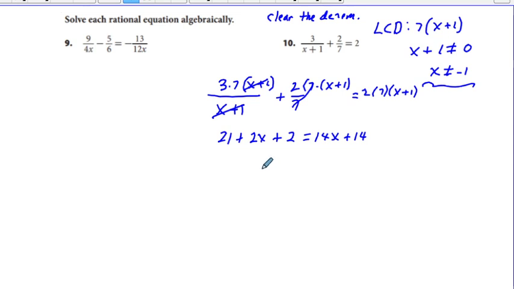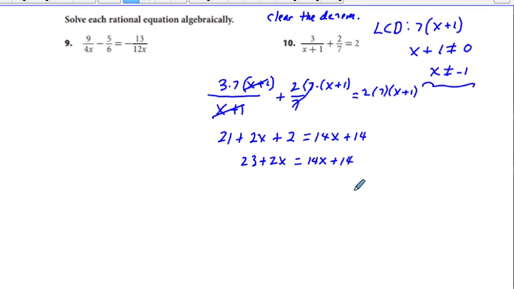So what do we have left here? Well, on the left side we have 23 plus 2x, and the right side we have 14x plus 14.